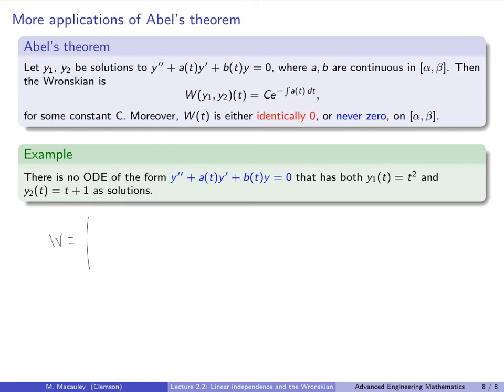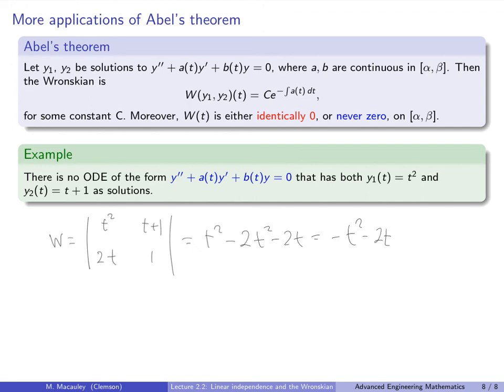y1 in the upper left corner, that's t squared. Its derivative is 2t. y2 is t plus 1, and its derivative is 1. So for the Wronskian here, t squared times 1, that's t squared. And then we are subtracting 2t times t and 2t times 1. So that's t squared minus 2t squared minus 2t. And so this is minus t squared minus 2t.